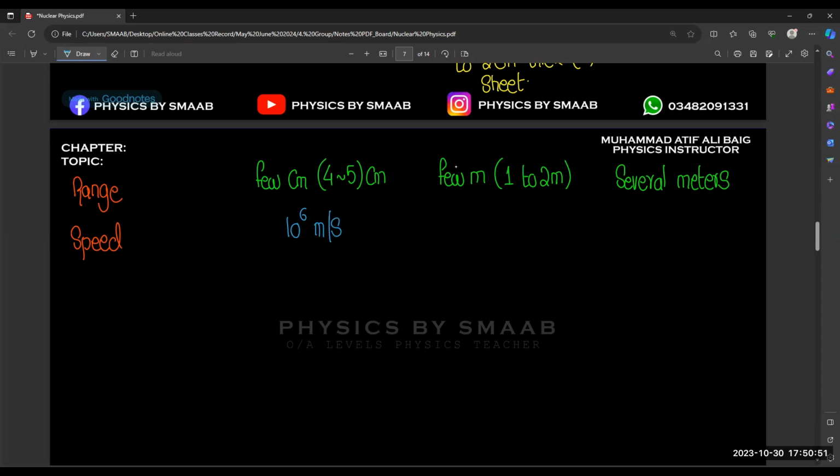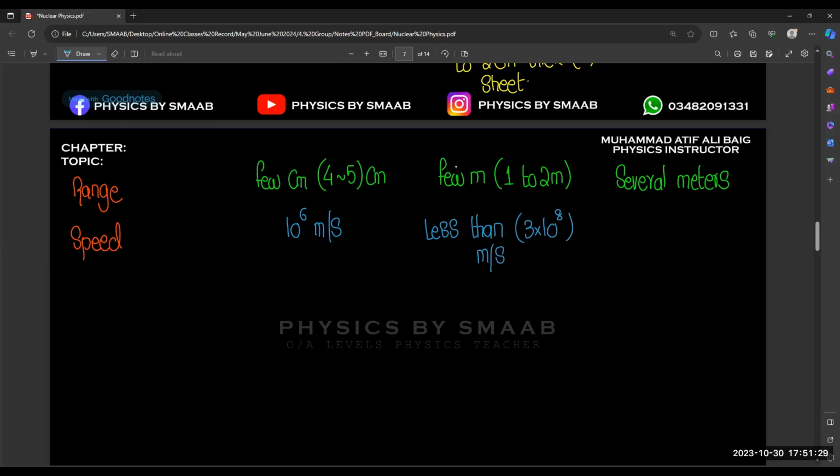And if we talk about the speed of the beta particles, because beta particles are fast moving electrons, their speed is almost close to the speed of the light. So it means that their value is less than 3 into 10 to the power 8 meter per second.